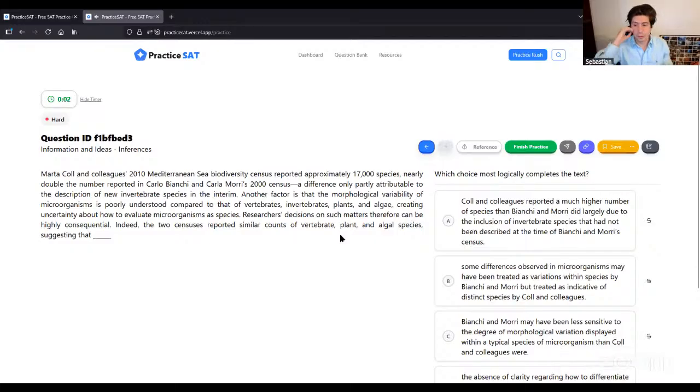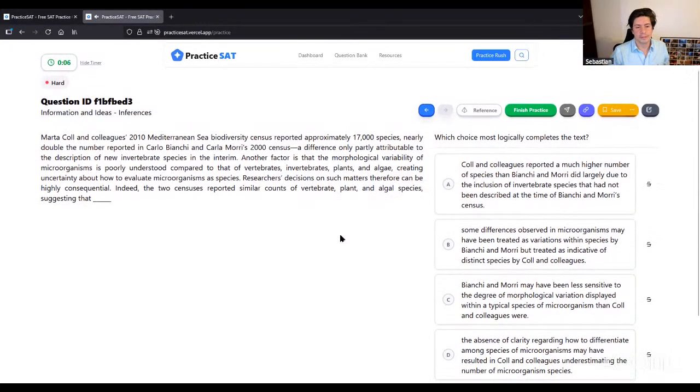Then we have this one. Marta Cole and colleagues' 2010 Mediterranean Sea Biodiversity Census reported approximately 17,000 species, nearly double the number reported in Carlo Bianchi and Carlo Mori's 2000 census. A difference only partly attributable to the description of new invertebrate species in the interim.